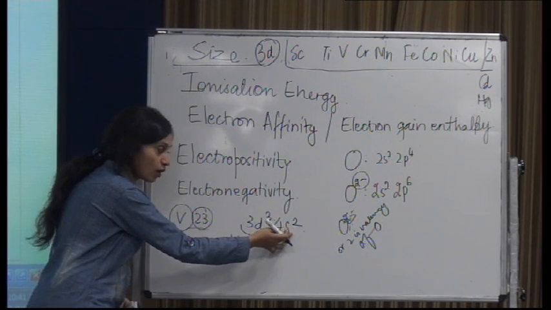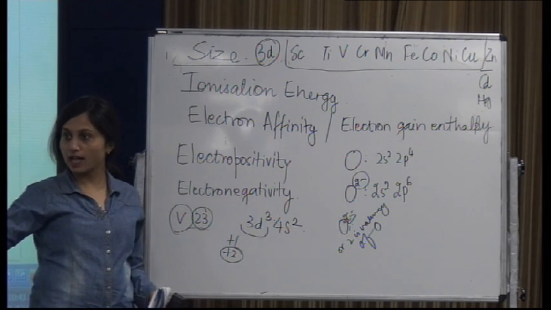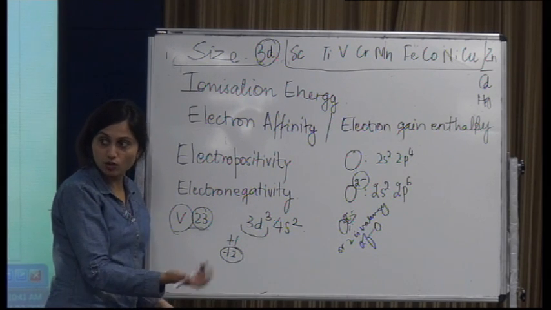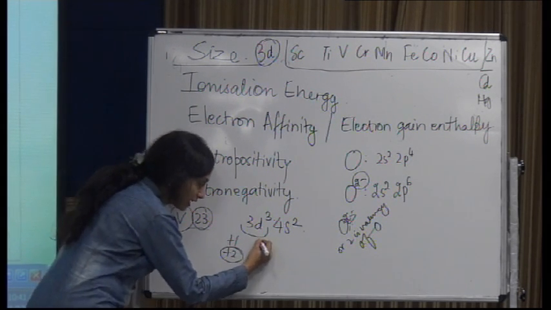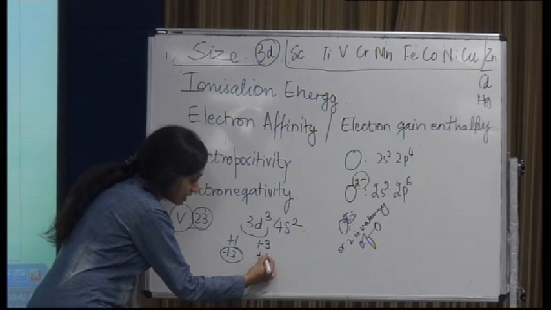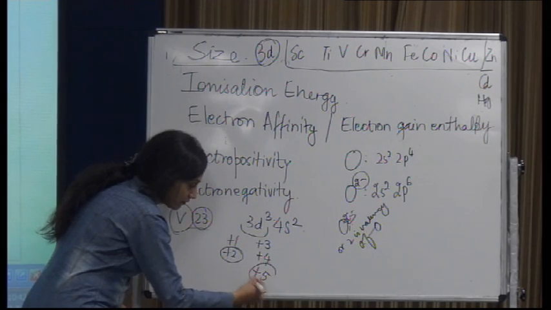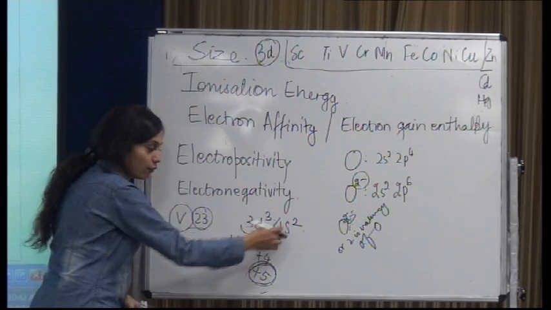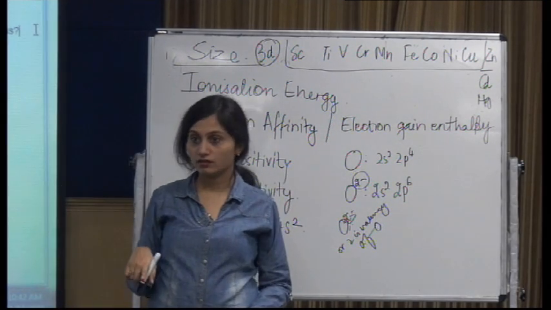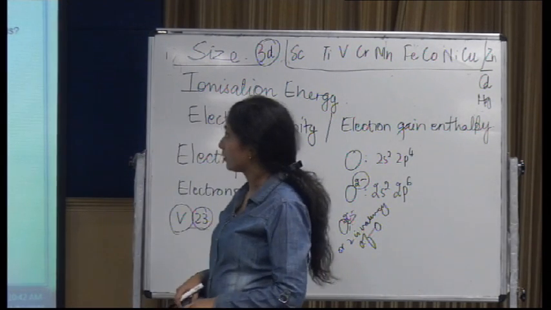It will easily give 1 and 2, then 4s becomes 0, so the outermost shell is empty. But the inner one was not completely filled either, so the next will be +3. At +3 it will become 3d2. At +4 it will become 3d1. At +5 it will become 3d0, 4s0. And the configuration will be similar to that of argon, number 18. Clear? So that is why.